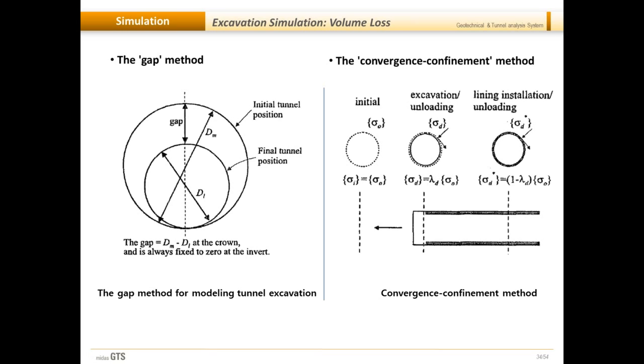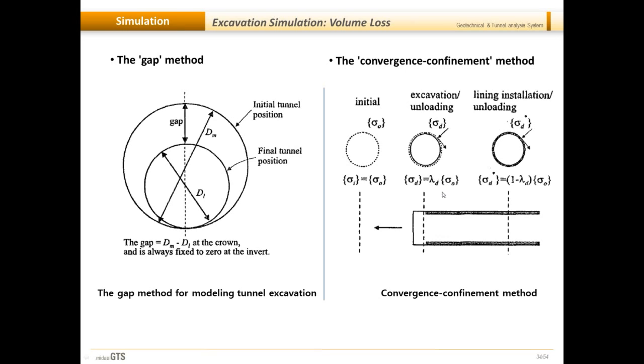So we start from 0, and at a prescribed value, let's say lambda d, we activate the lining. Now this prescribed value comes from engineer's discretion. Sometimes it's given in code, sometimes based on trial and error method to stabilize the excavation.